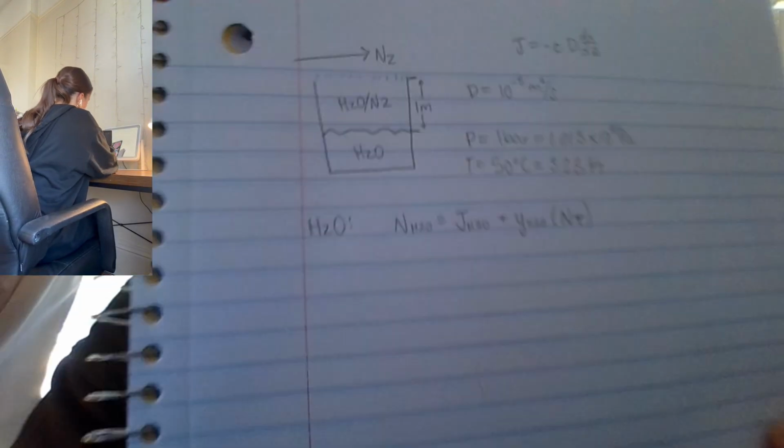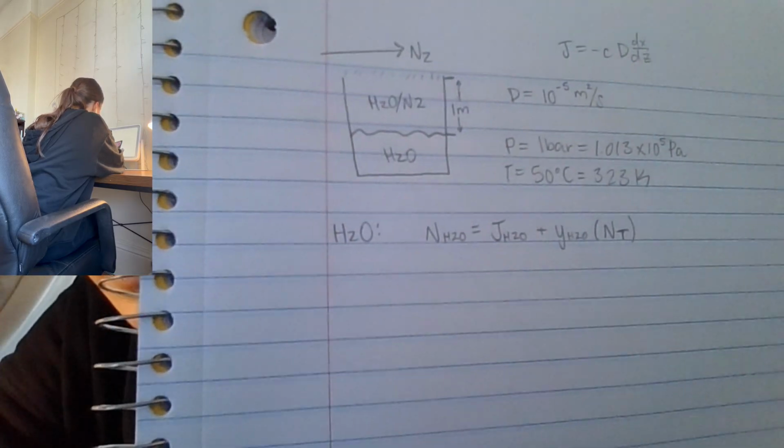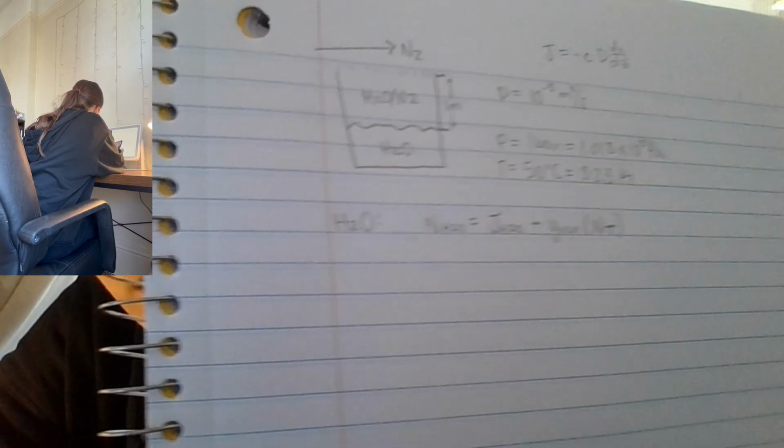We know that the flux of our H2O can be equal to the molar flux of our H2O, which is found through Fick's law, plus the mole fraction of H2O, so however many moles we have of H2O at the certain position, times the total flux of the system. So now we have our equation written for H2O, and we're going to go ahead and plug some of these things in.